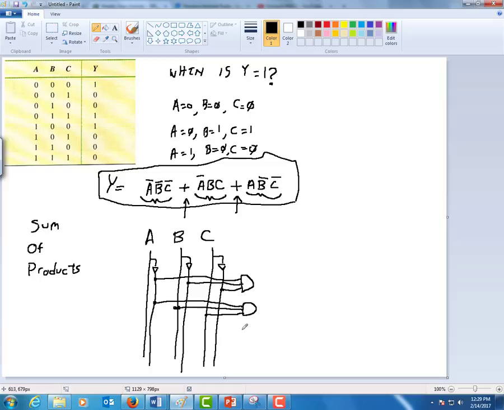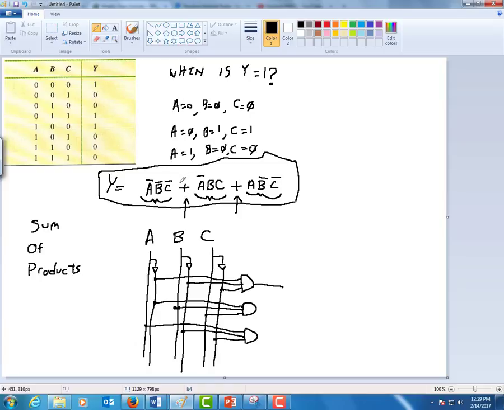What about your third term? It's another AND gate. Has to be. It's sum of products. This is going to be A, B bar, and C bar, all right? That's each one of your terms.